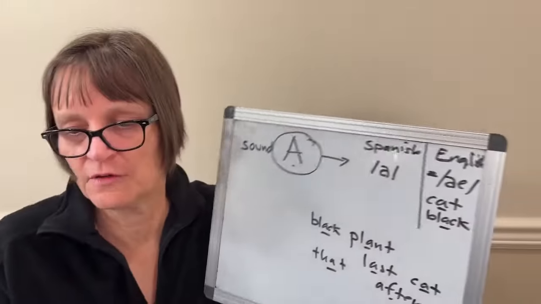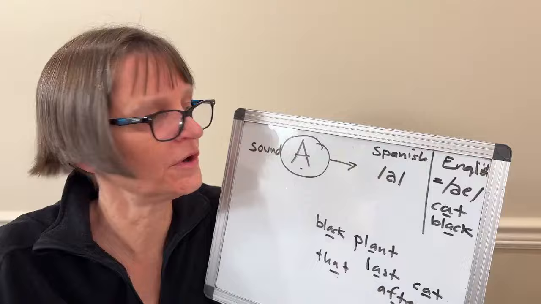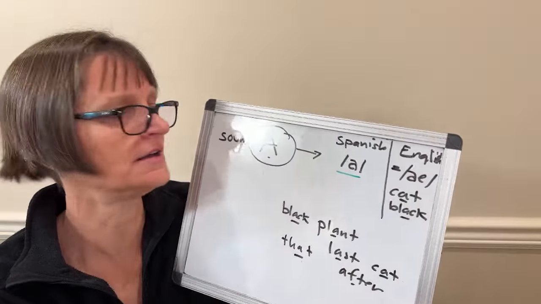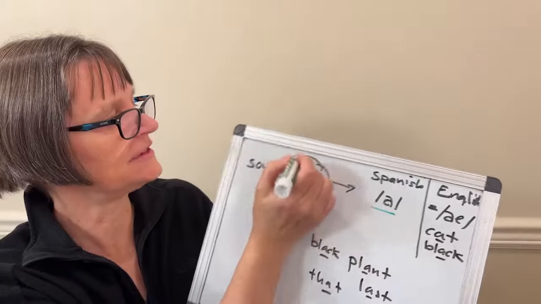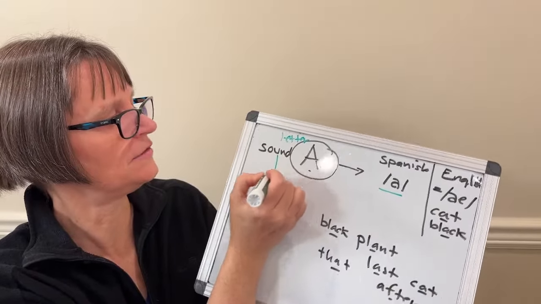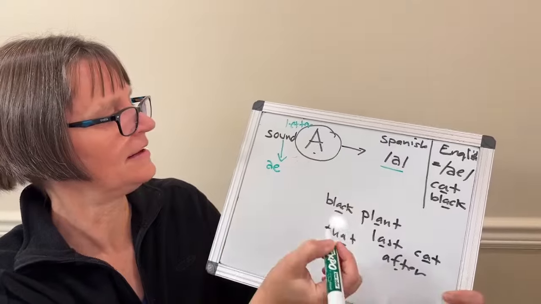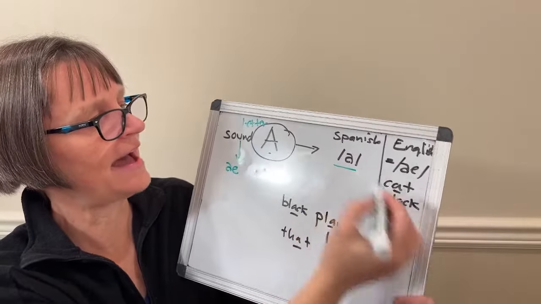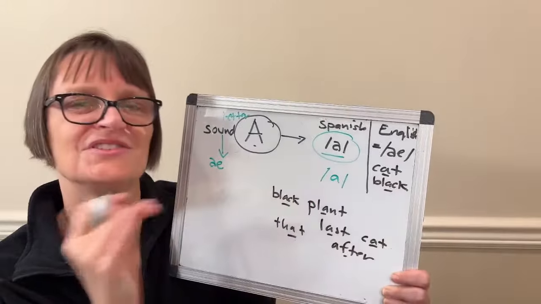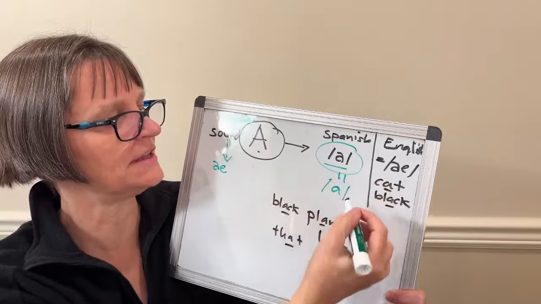Then you can also work in reverse, and when you're looking for where this Spanish ah sound happens, so this is letter A, sound in English is the short a. When you're looking for the sound closest to Spanish, in English we use ah, which is slightly further back, but these are basically the same.